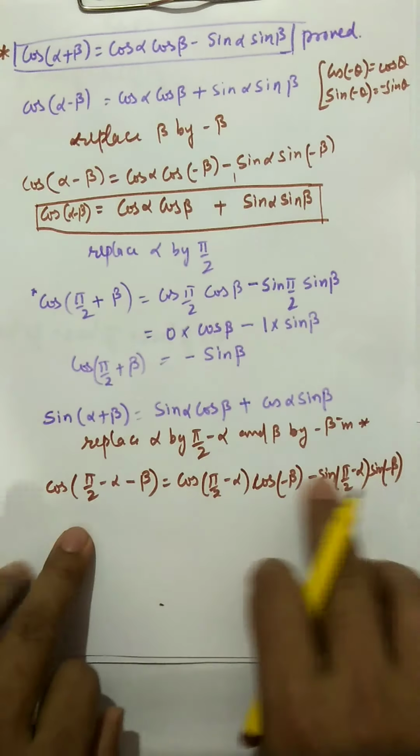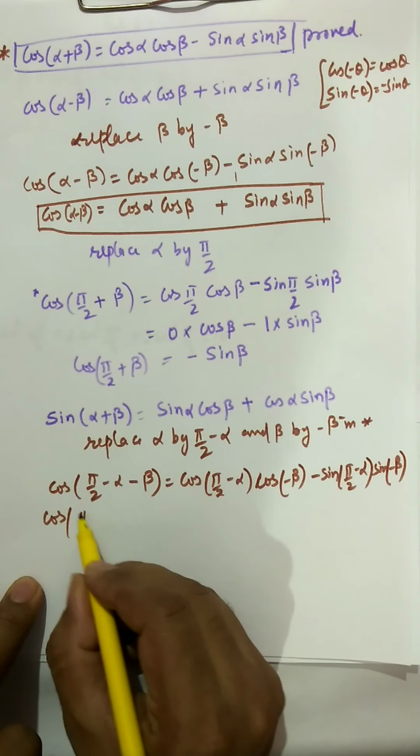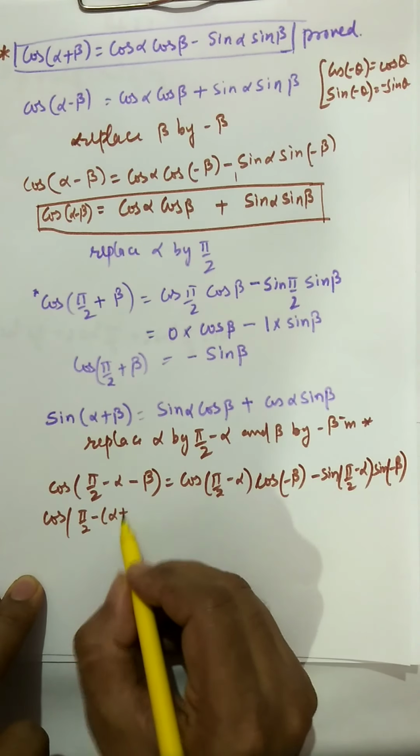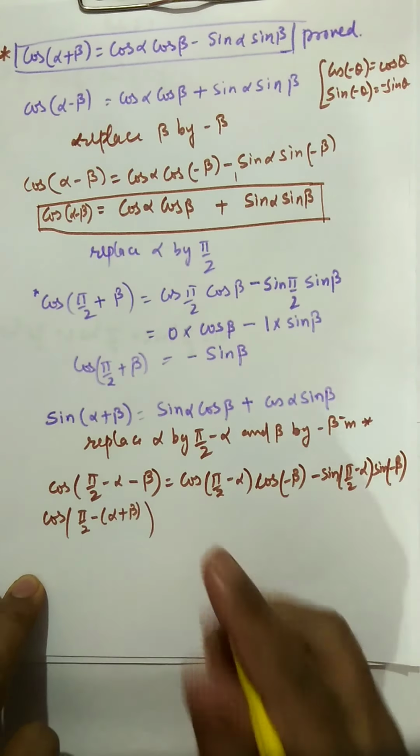Now see, this can be written as cos pi by 2 minus, you can put a bracket, alpha plus beta, and here you know that cos 90 minus theta is sine theta, so this becomes sine alpha, and cos minus beta, you know cos minus theta is actually cos theta, so you can write that as cos beta. And now this sine pi by 2 minus alpha is going to be cos alpha, and sine minus beta is going to be minus sine beta, so this sign will become positive and this will be sine beta.